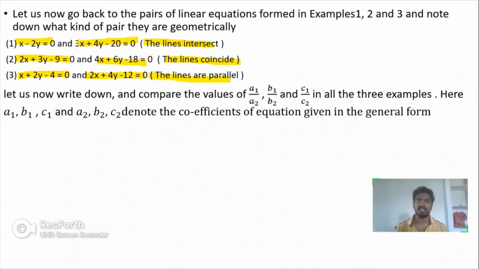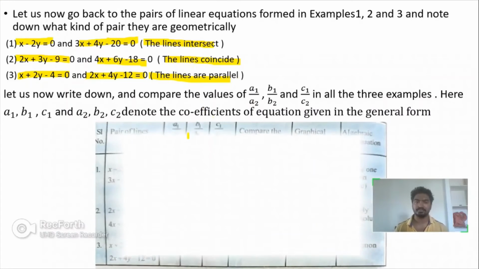So, for example, if we consider the first equation and compare it with the standard form of equation, that is a1x plus b1y plus c1 equal to 0, we get a1 is equal to 1, b1 is equal to minus 2 and c1 is equal to 0. And if we consider equation 2, a2x plus b2y plus c2 equal to 0, and compare it with the standard form, we get a2 is equal to 3, b2 is equal to 4 and c2 is equal to minus 20.